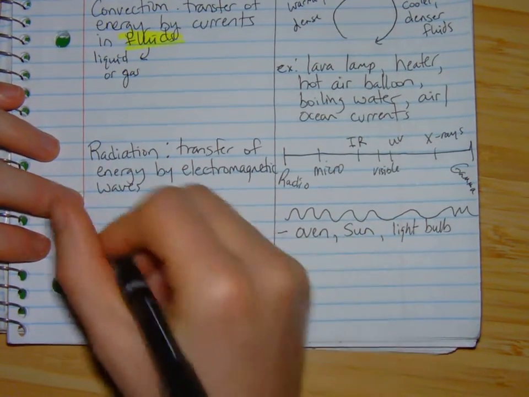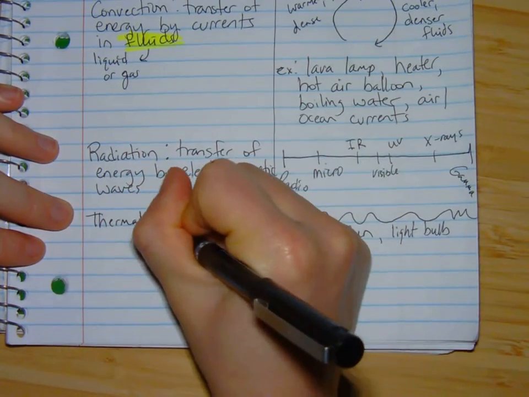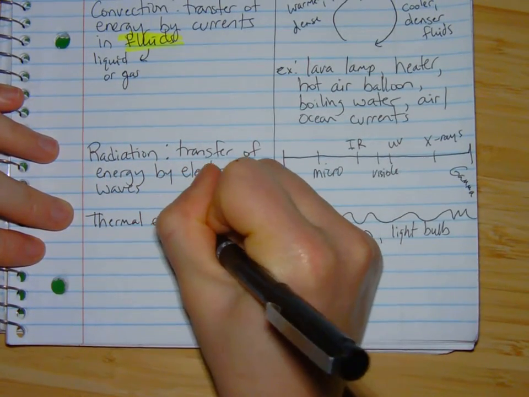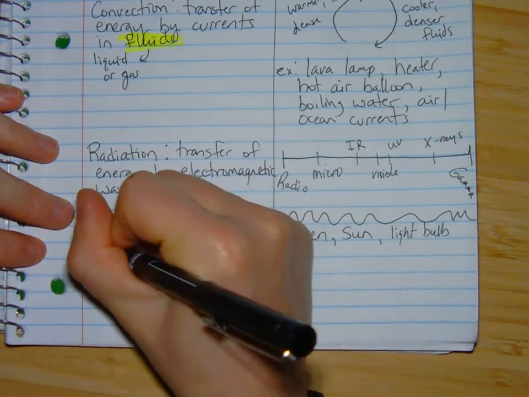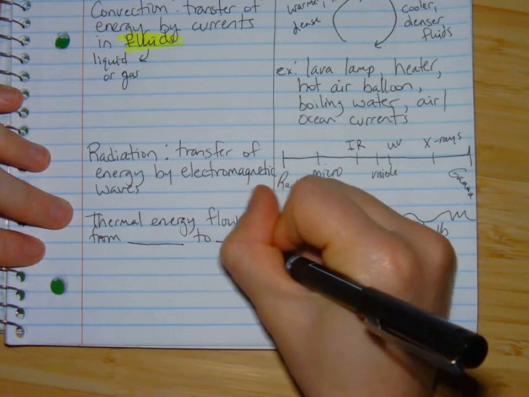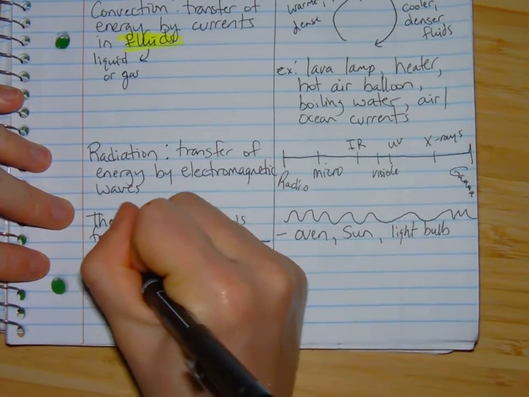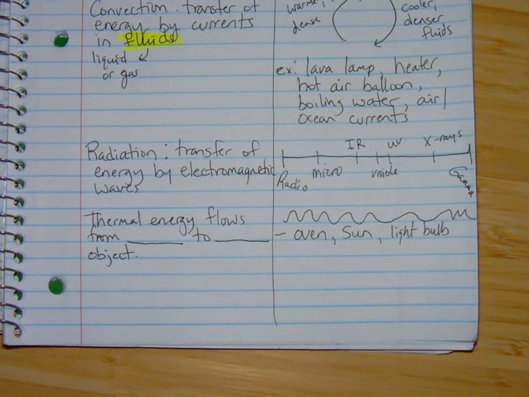Almost wrapping it up here. But it's important to know that this idea of thermal energy only flows from blank to blank object. So stop and think here. Does thermal energy flow from the warmer to the cooler object, or does it go from the cooler object into the warmer object?